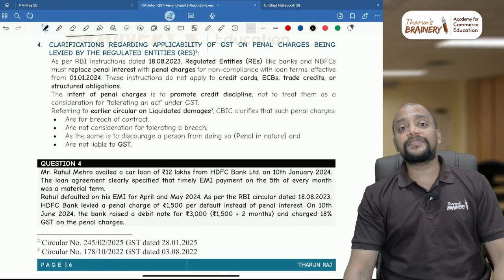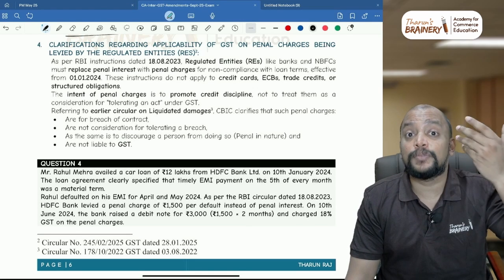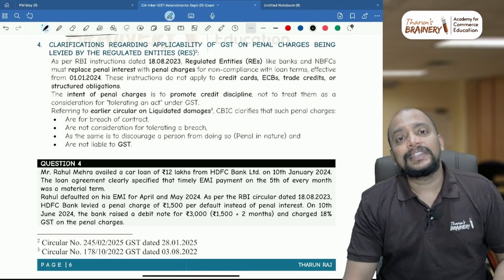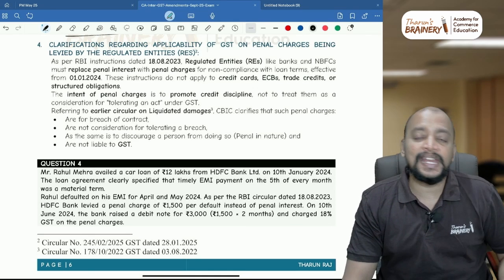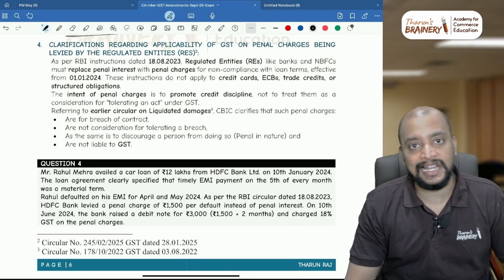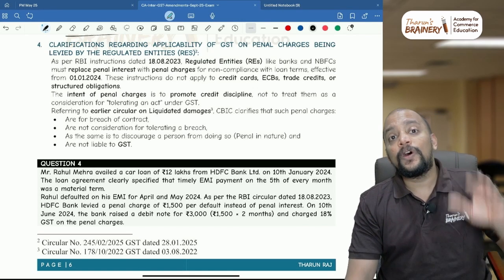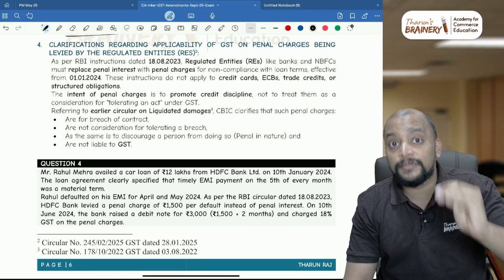Suppose it is penal in nature, to discourage a person from doing such an act. Examples: traffic fines, fines and penalties under any law, that is income tax penalty or GST penalty, etc. And even we have cheque dishonor charges. All these are penal in nature, to discourage a person from doing it.